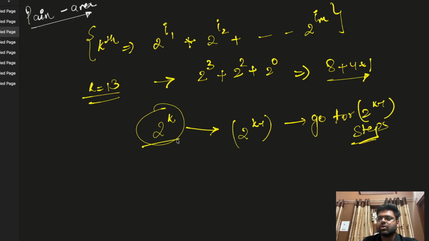If you need the 2 to the power kth ancestor, find it for 2 to the power k minus 1 and then do 2 to the power k minus 1 steps again.